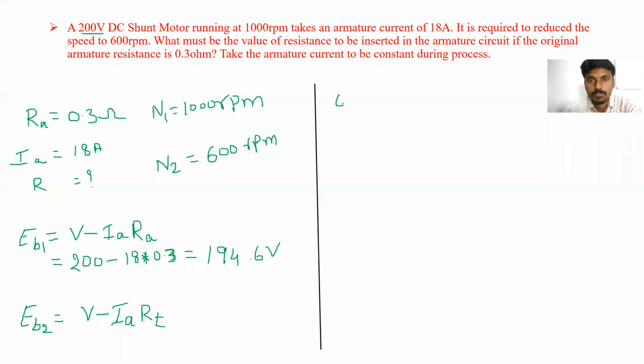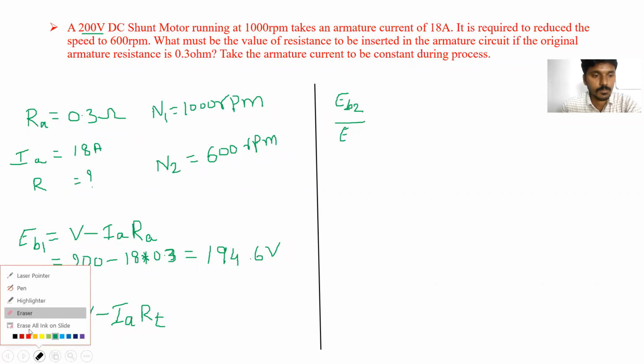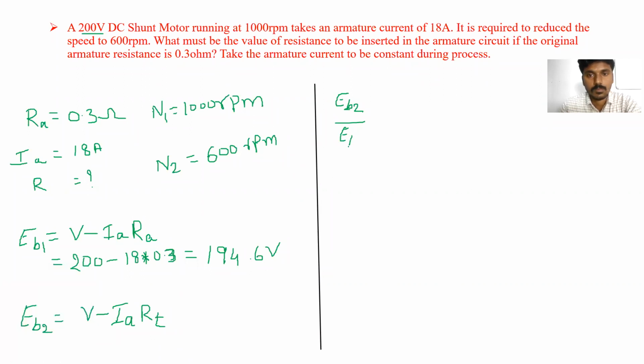So we have the formula EB2 upon EB1 is equal to N2 upon N1. We know the value of EB2, the value of N2, and also the value of N1.